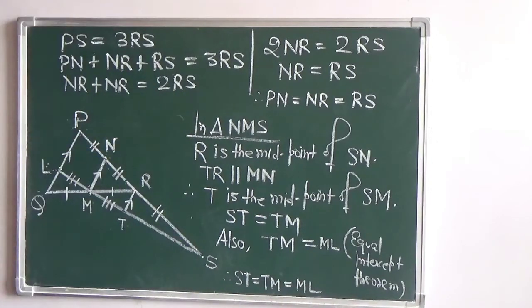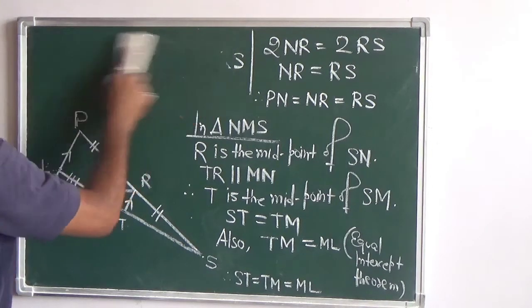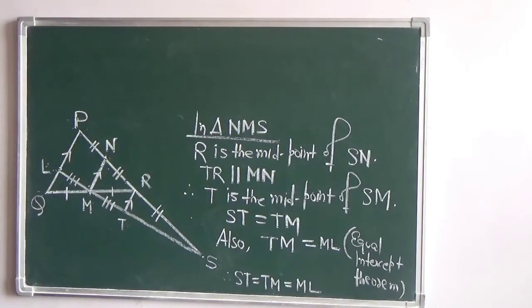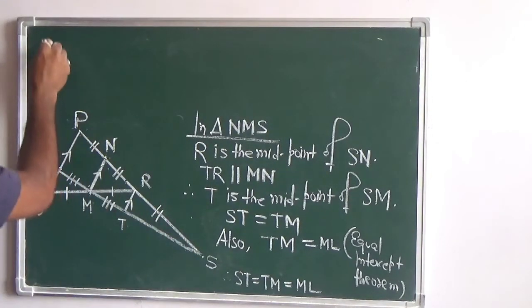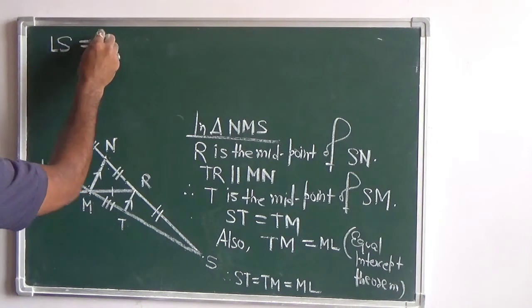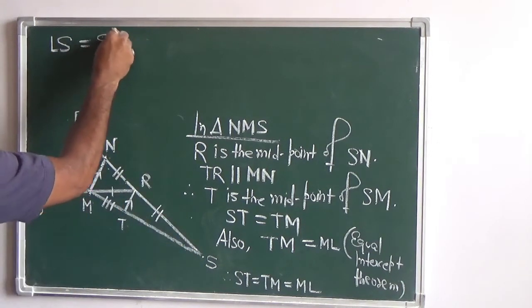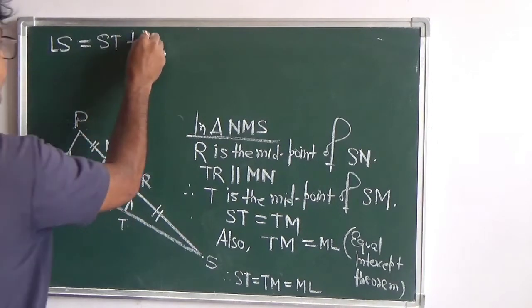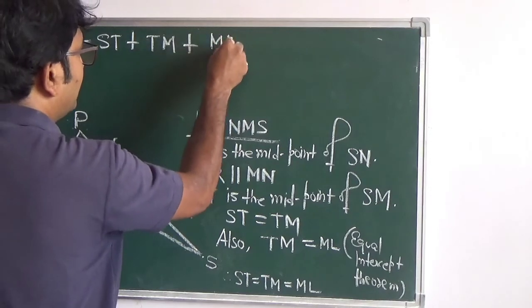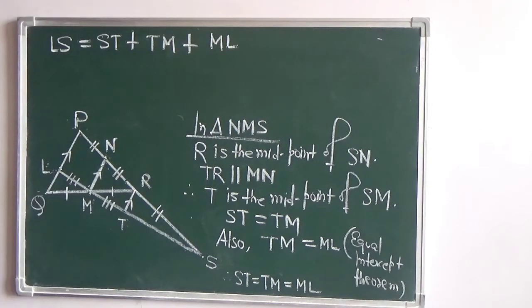Now let us prove the first part of the question: ST equals 1/3 LS. What is LS? LS is LM plus ST plus TM, or rather ST plus TM plus ML. Okay, we have the relation between ST and LS.